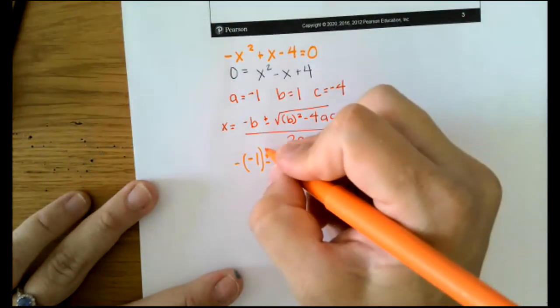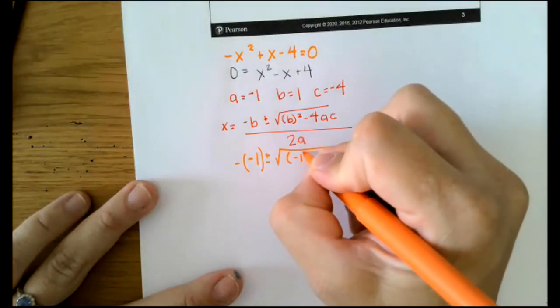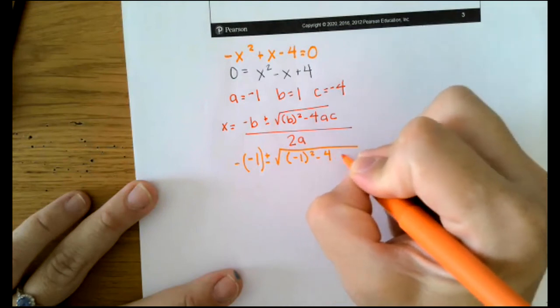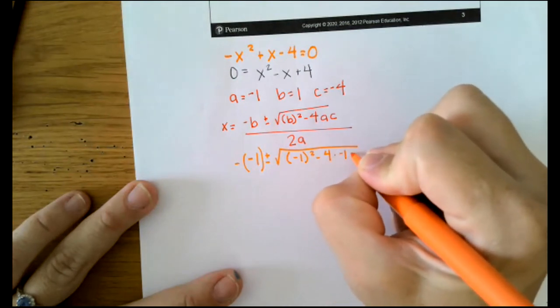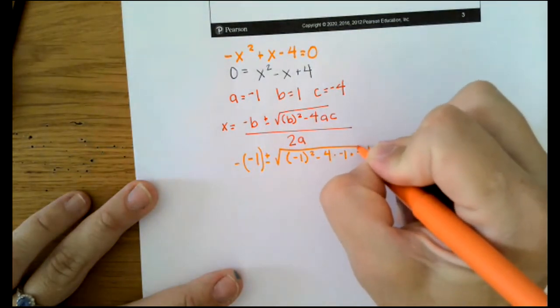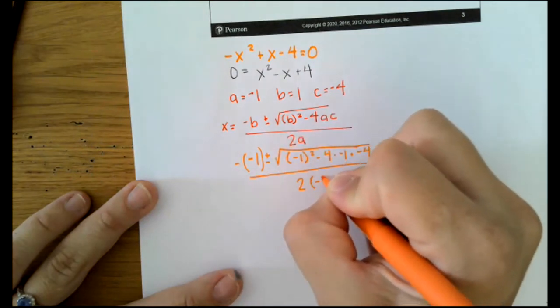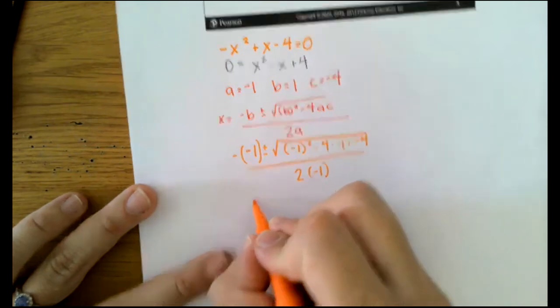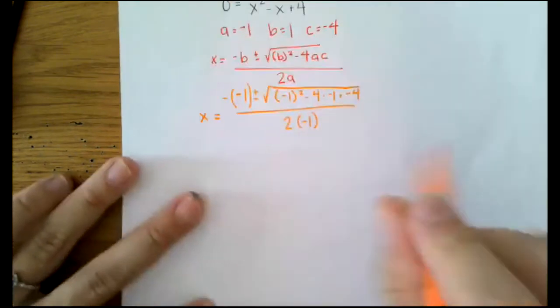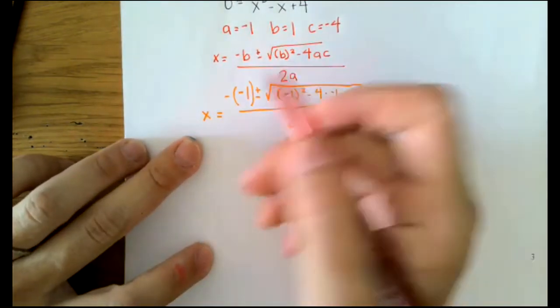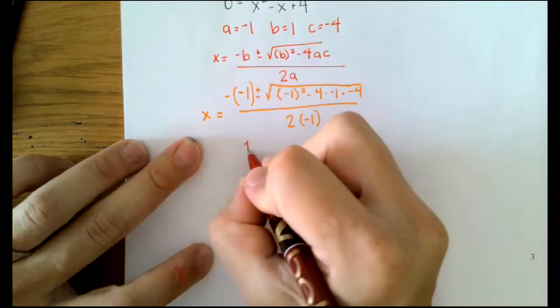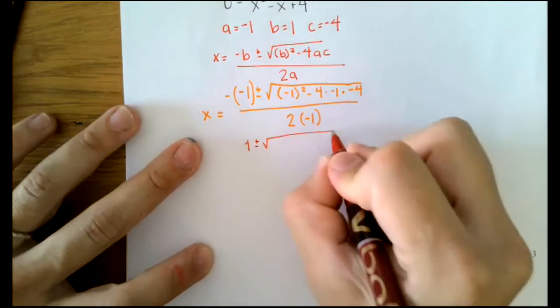Negative 1 plus or minus the square root of -1 squared minus 4 times -1 times -4 over 2 times -1. So that becomes negative times a negative is just a +1 plus or minus the square root of 1.